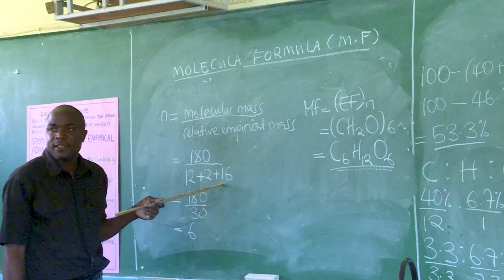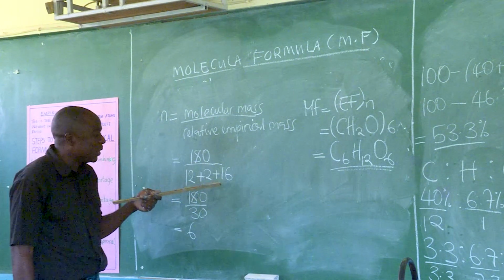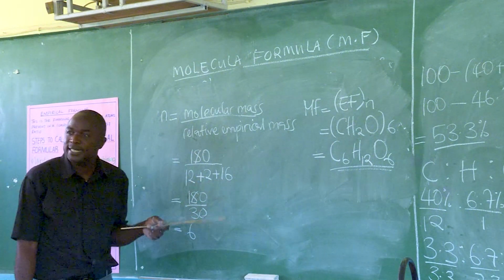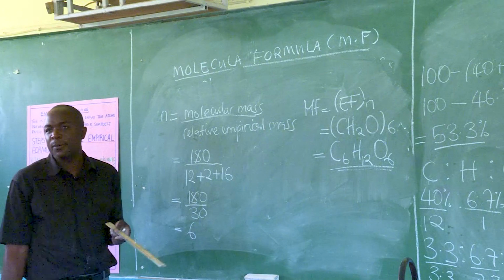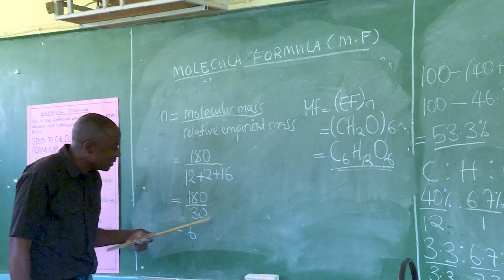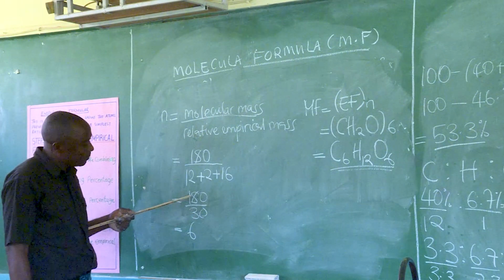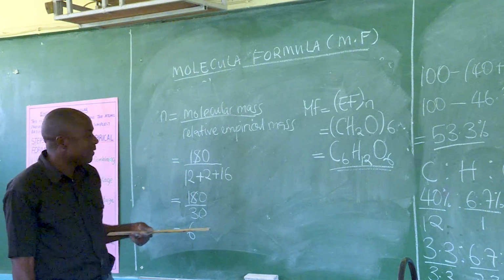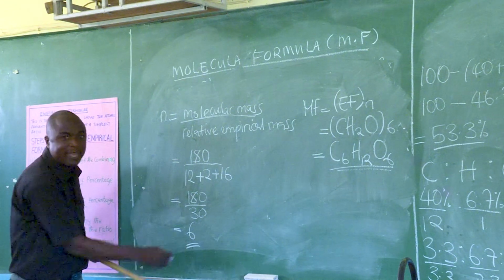Then oxygen is the mass number 16. These numbers we are using here, 16, 12 and 1, we are getting them from the periodic table. They are already there on the periodic table. So when you add all these, it gives us 30. So meaning we have 180 divided by 30, giving us 6. Then this is our multiple whole number n.